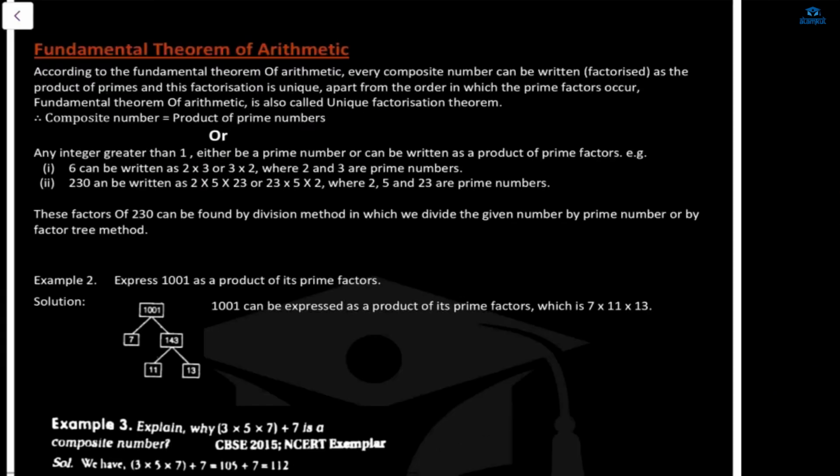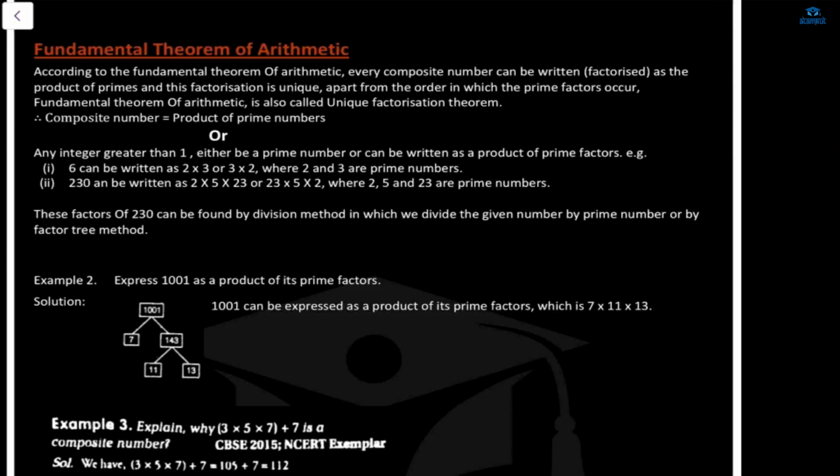Now, the fundamental theorem of arithmetic. So you already know this theorem. According to the fundamental theorem of arithmetic, every composite number can be written as the product of prime numbers. Every number has a unique combination of prime factors. So whenever you factorize it, every composite number will have a unique factorization.